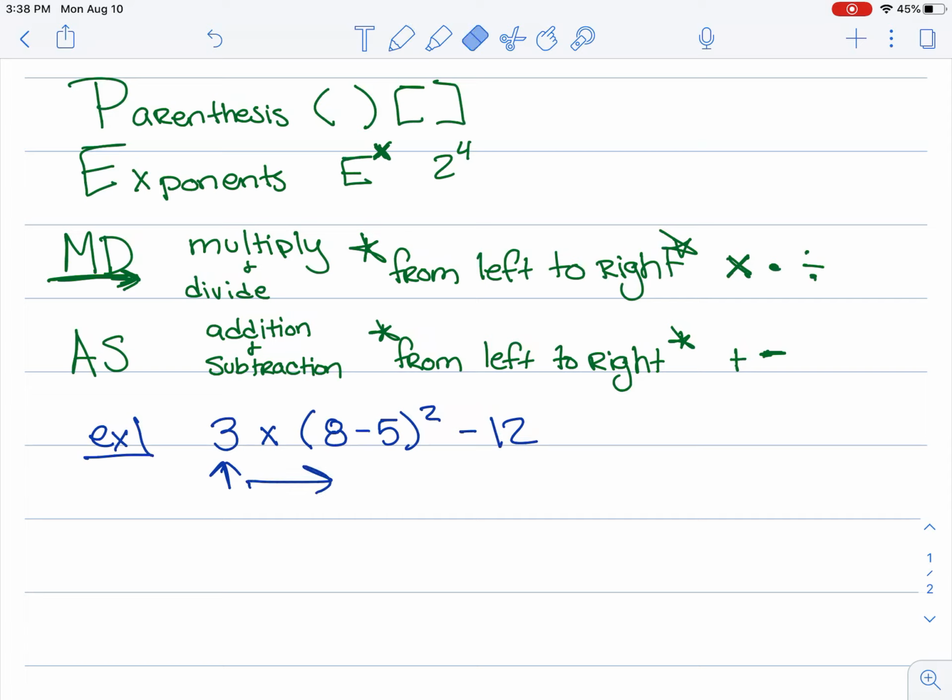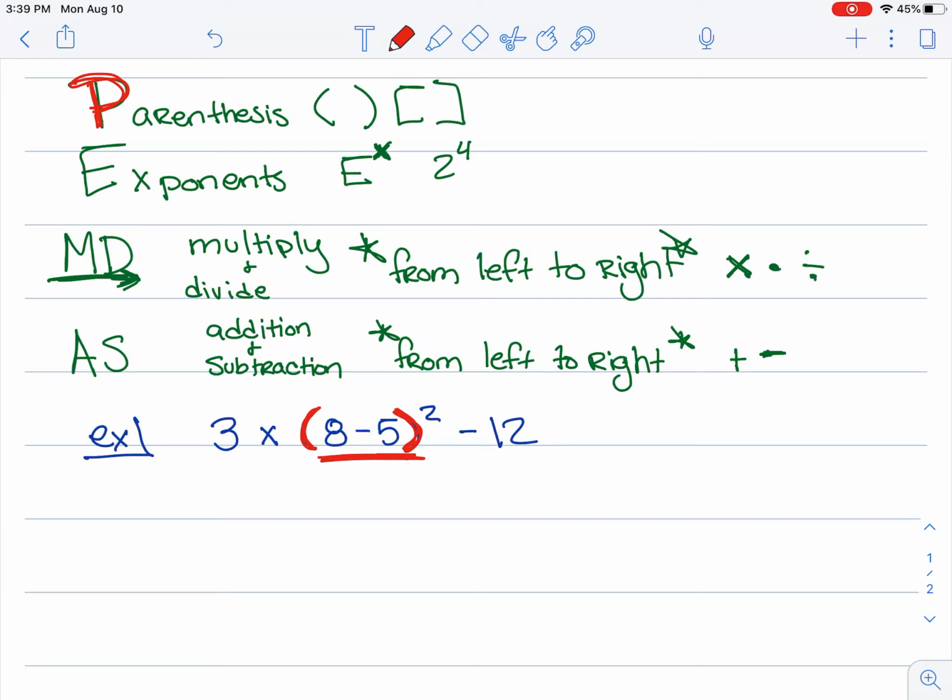But we're not going to start with the 3. We're going to start with the parentheses because that P in PEMDAS tells us the parentheses are the most important part. So I do the inside of the parentheses first, no matter what's in there.